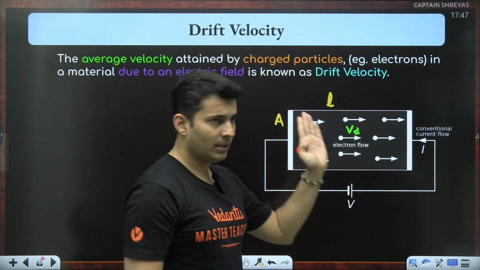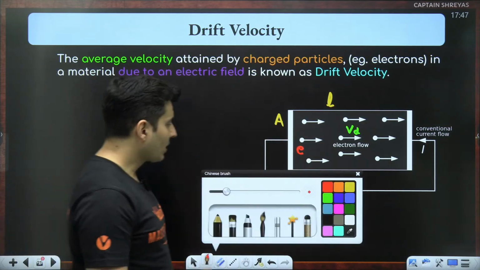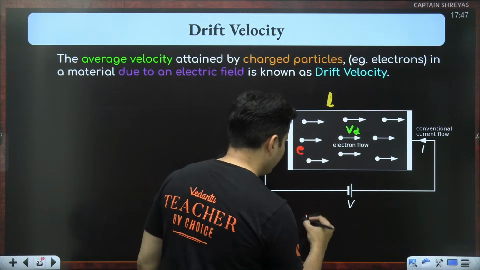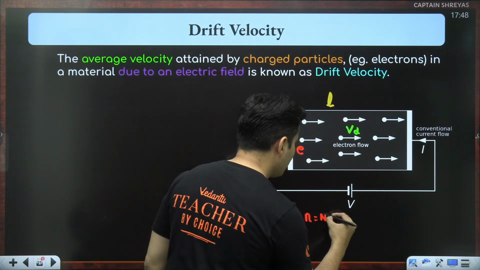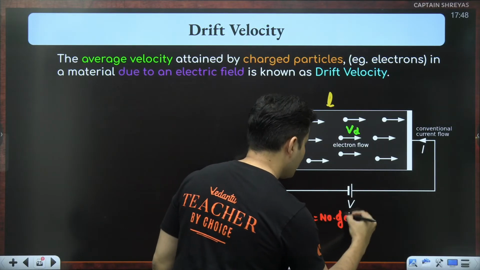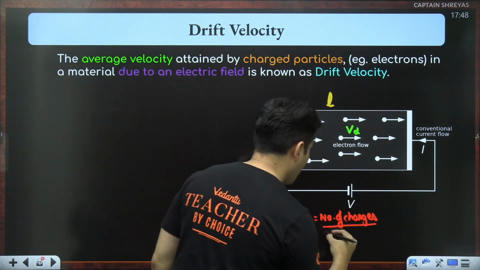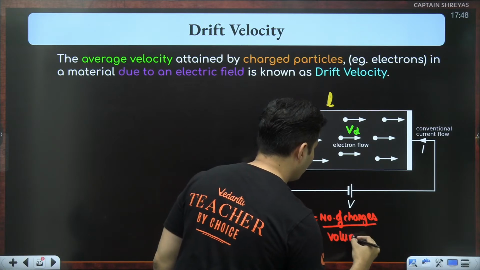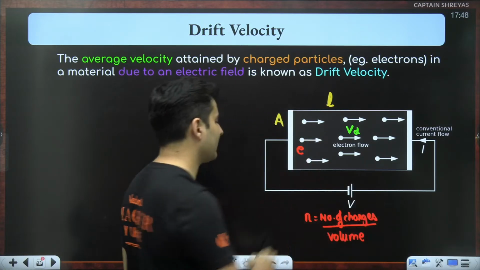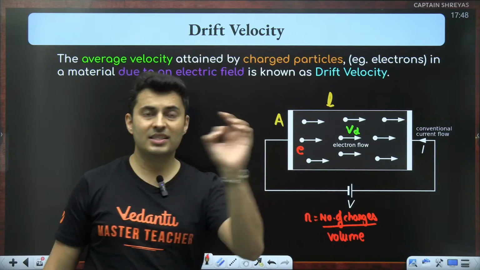And let's say I give you a number called small n, which is how many charges there are per unit volume.